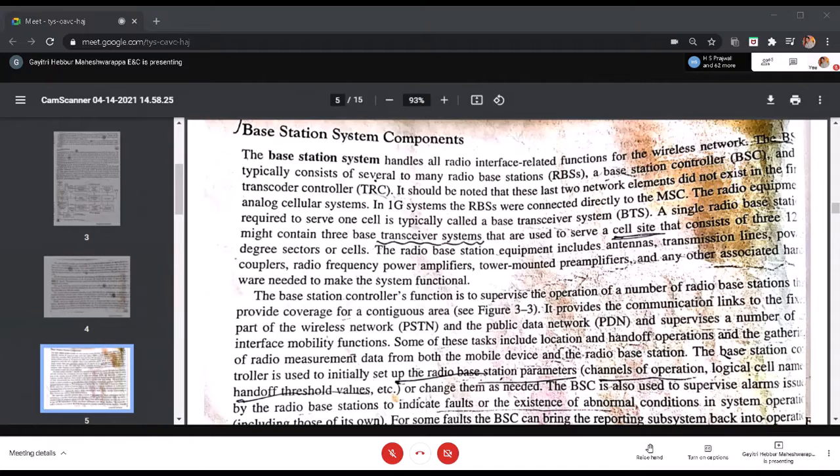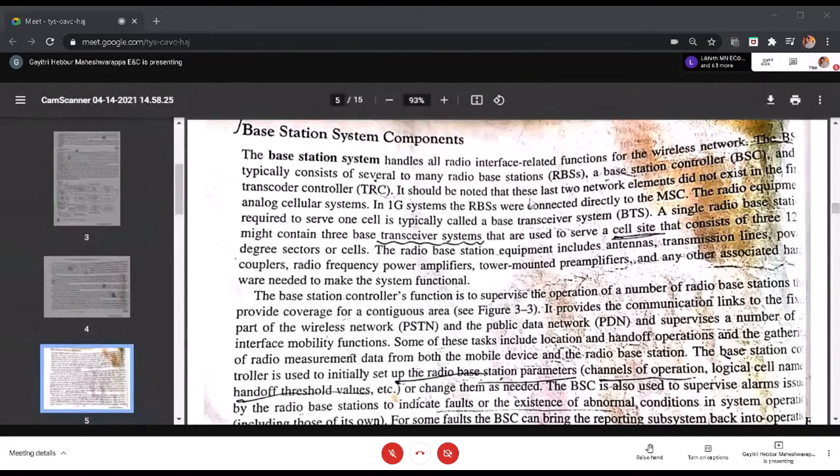As I told you, a huge number of radio base stations will be there. They provide mobility to the user and cover some geographical area. So many radio base stations are present in the base station system, along with a base station controller and a transcoder controller.